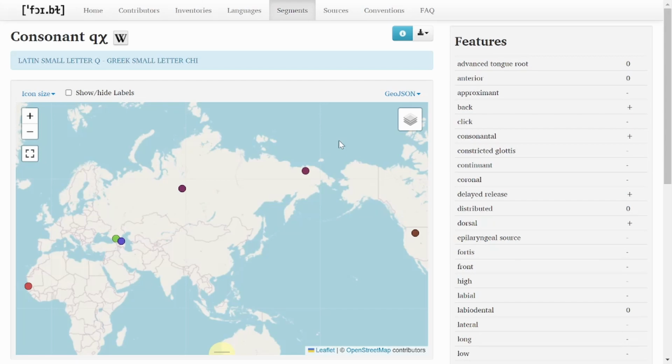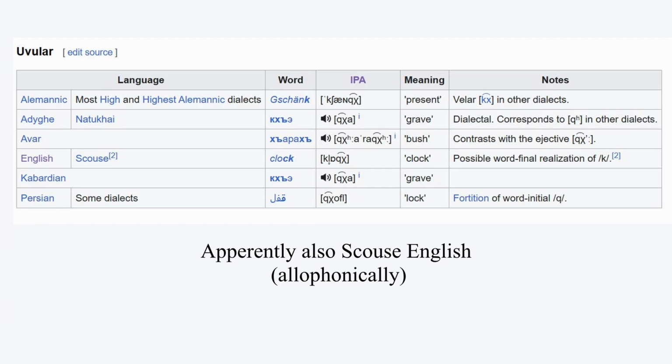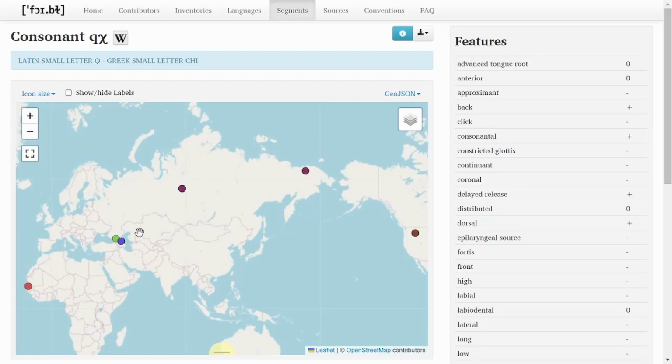It doesn't show because here Archi goes up, Kabardian, because the one there is retroflex, I believe. But it is actually quite a common sound in that area. They don't have all of those languages in this database, which is why it's underrepresented in here. But it is a very common sound areally in the Caucasus.